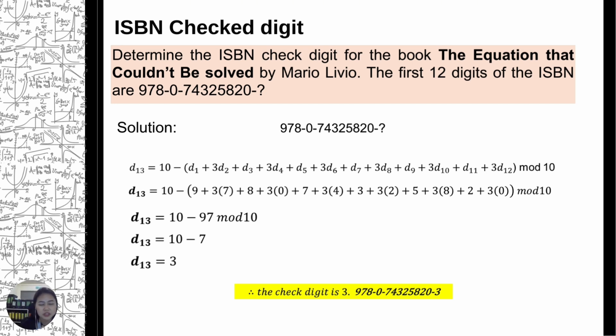For the conclusion, the check digit is 3, and the complete ISBN of the book written by Mario Livio, The Equation That Couldn't Be Solved, is 978-0-74325-820-3.